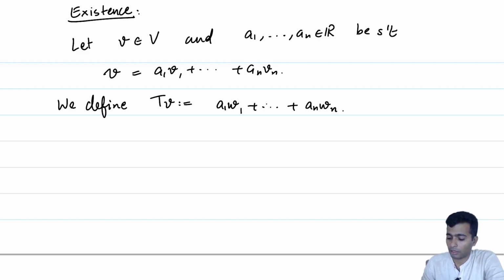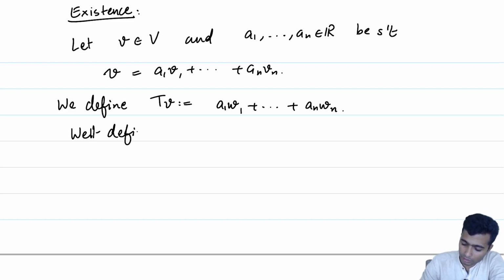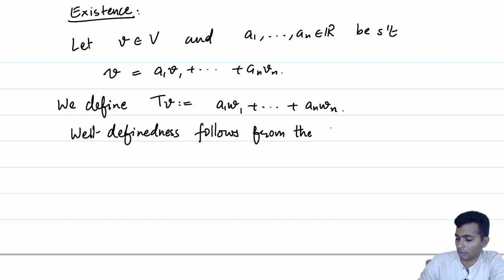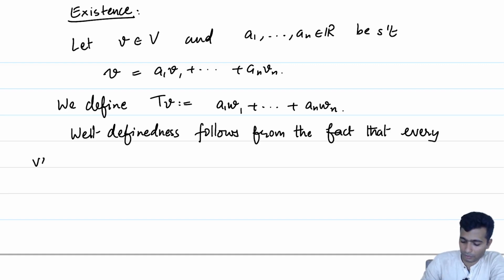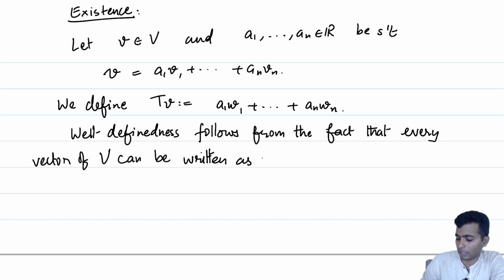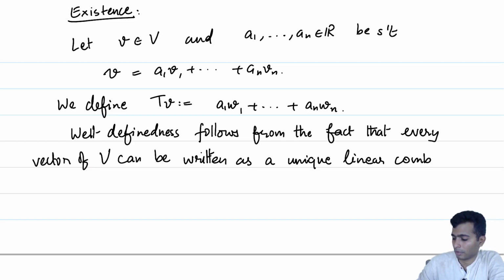But that's not enough, we have to check. Okay, let me just write well-definedness follows from the fact that every vector of V can be written as a unique linear combination of basis vectors.